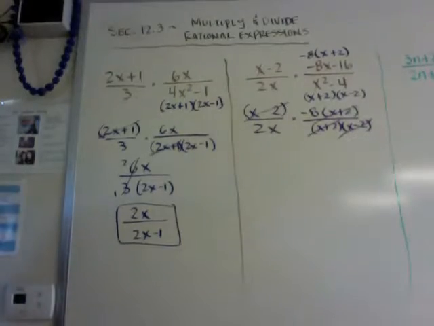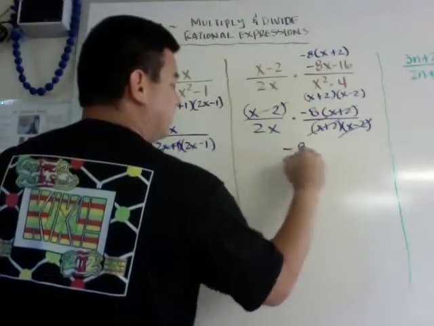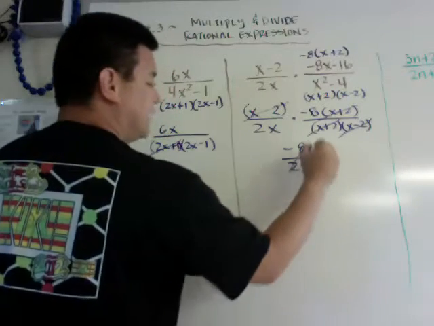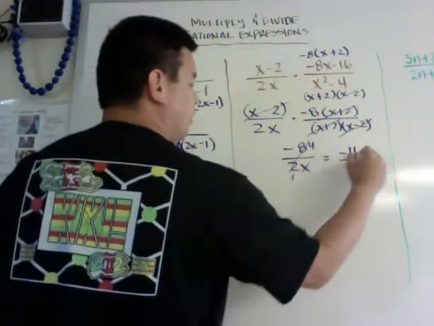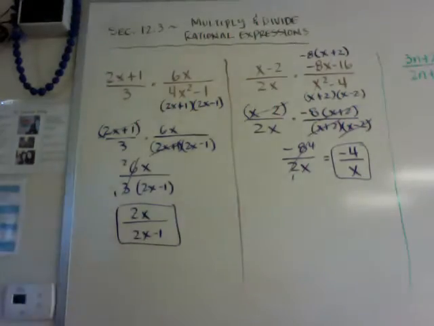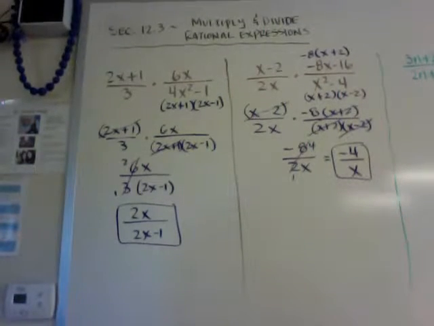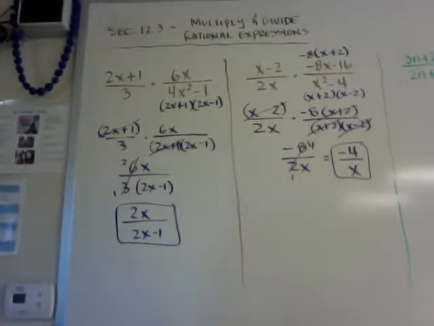And so my answer would be, well, not final answer, negative 8 over 2x, and now I can cancel this down to a 4 and a 1. So my answer would be negative 4 over 1x, or just x. So just look for ways you can factor down any part of the problem.